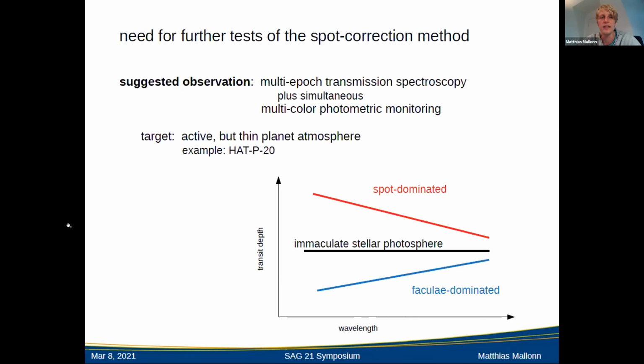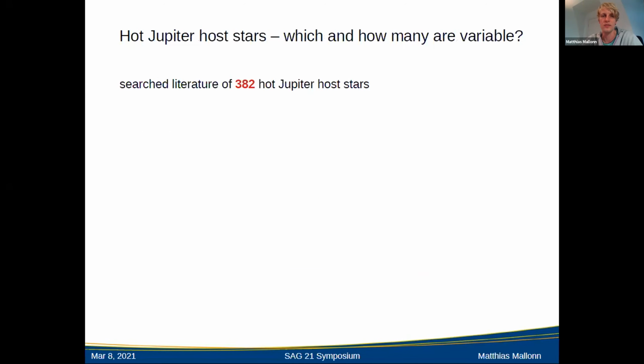An example for such an exercise would be HATP20. This is just a suggestion, because I still have the feeling that it is not clear exactly how to use the one method to correct the other.